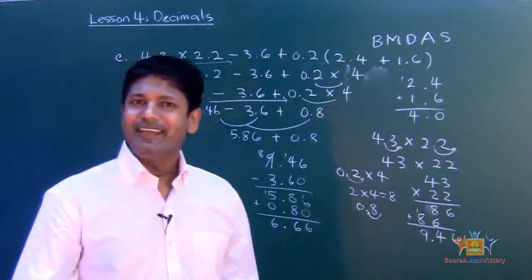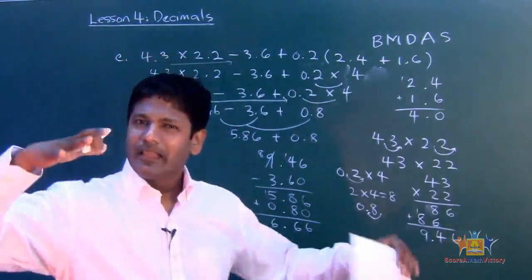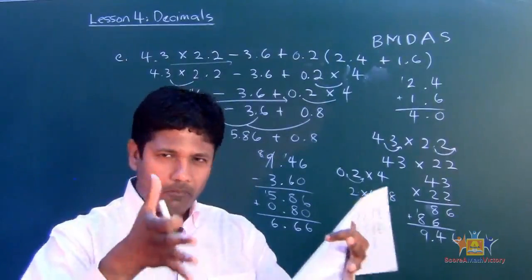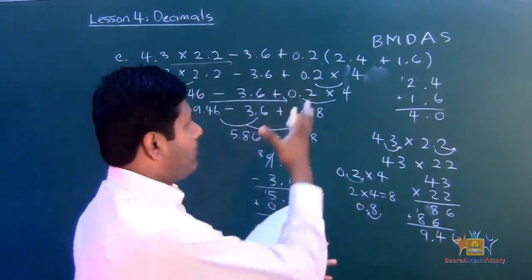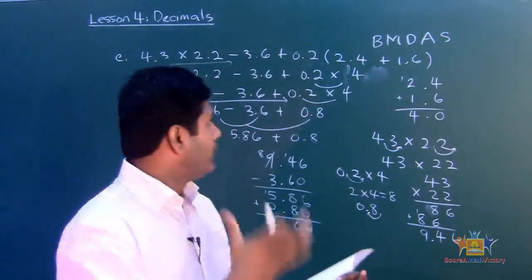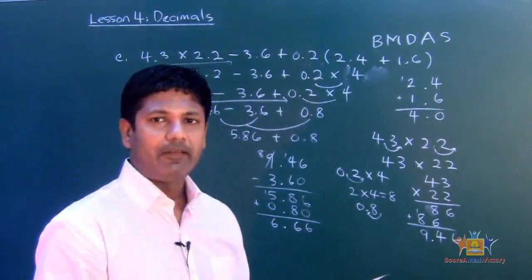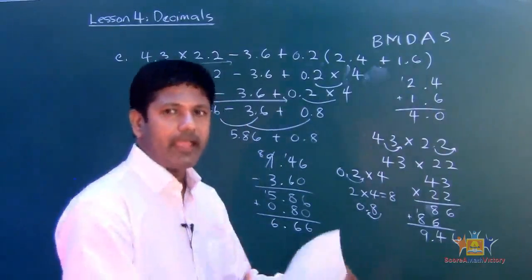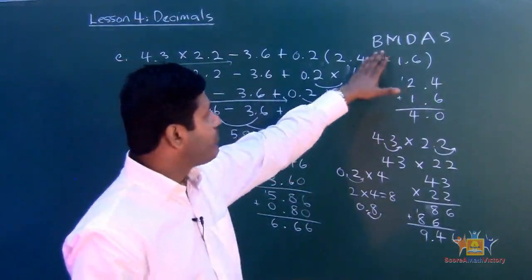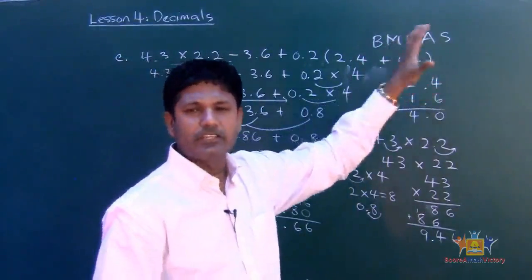See, pretty easy, isn't it? It's not that difficult. The key is understanding the priorities, who comes first: bracket, multiplication, division, addition, subtraction.